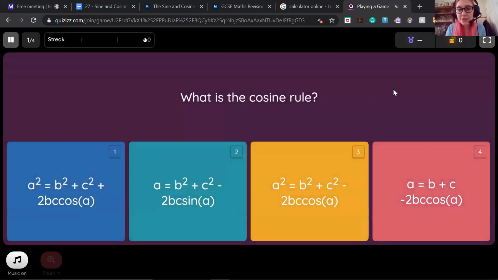So here's the first question: what is the cosine rule? Have a look at that, click the one that you think. I'll give it a little bit of time and then I'll tell you the right answer. It's this one: a squared equals b squared plus c squared minus 2bc cos a.